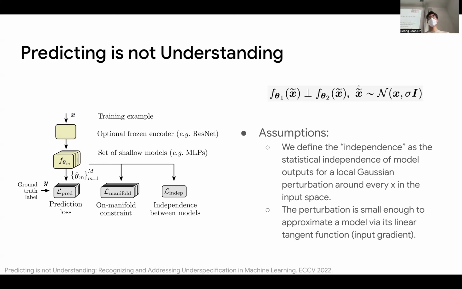They wish to make sure that those variations in the outputs, based on these local Gaussian changes, are kind of orthogonal. And if you encode this requirement in terms of a loss function, what they get at the end of the day is this orthogonality of input gradients.